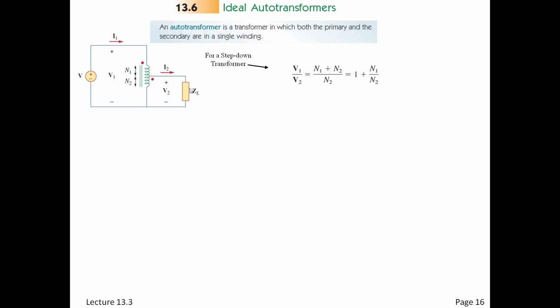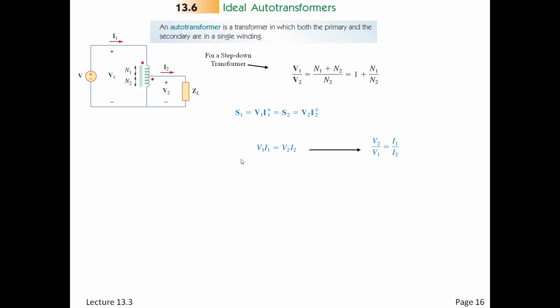So notice in the step down, you're going to have 1 plus some number. So you're going to have a bigger number on the secondary. I mean, a smaller number on the secondary. Power, of course, is conserved. The power on the input, V1 I1, is the same as the power on the output.